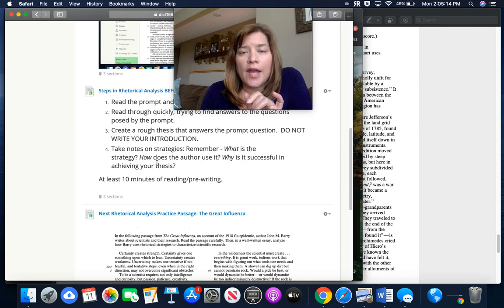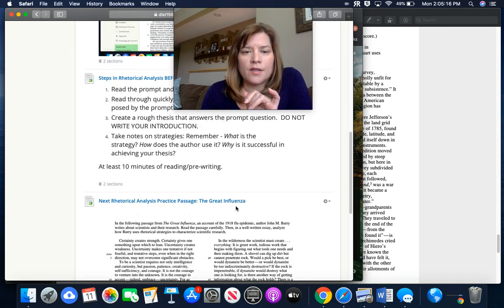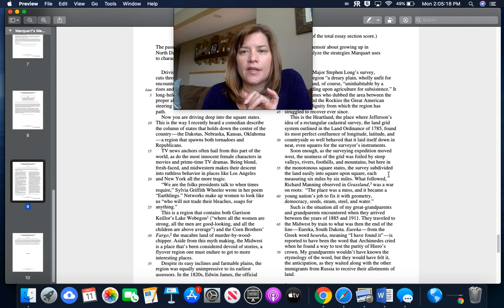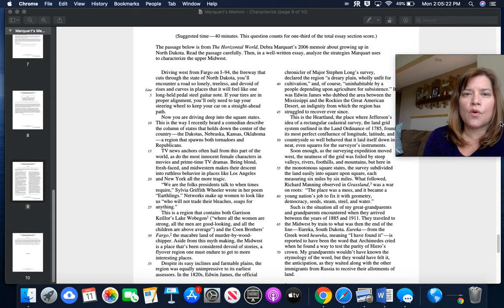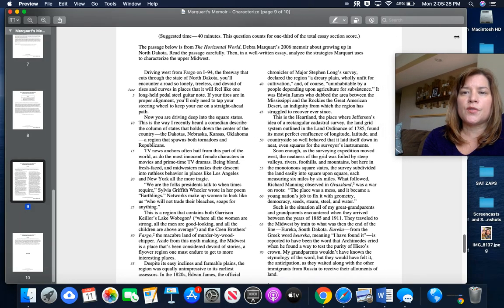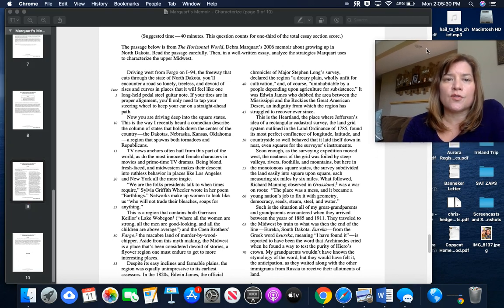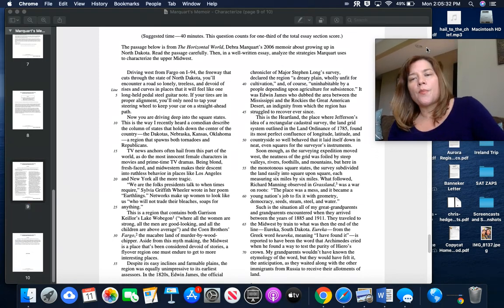So we're going to look at the practice passage that I had you look at yesterday, which is The Horizontal World, Deborah Marquardt's 2006 memoir about growing up in North Dakota. So this is another one of those, how does she characterize the upper Midwest?